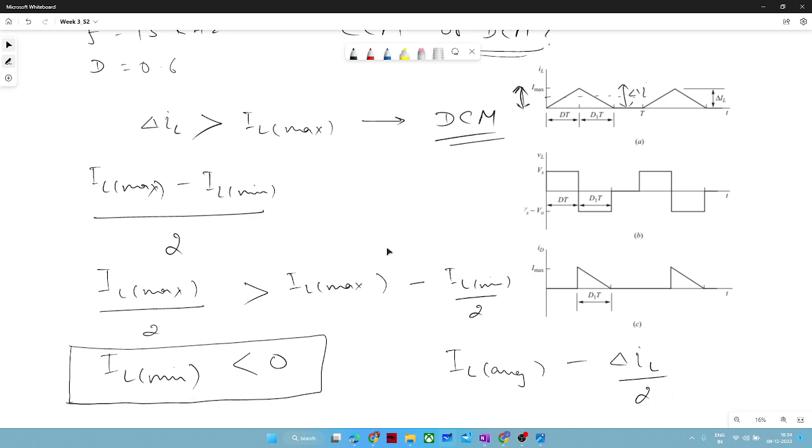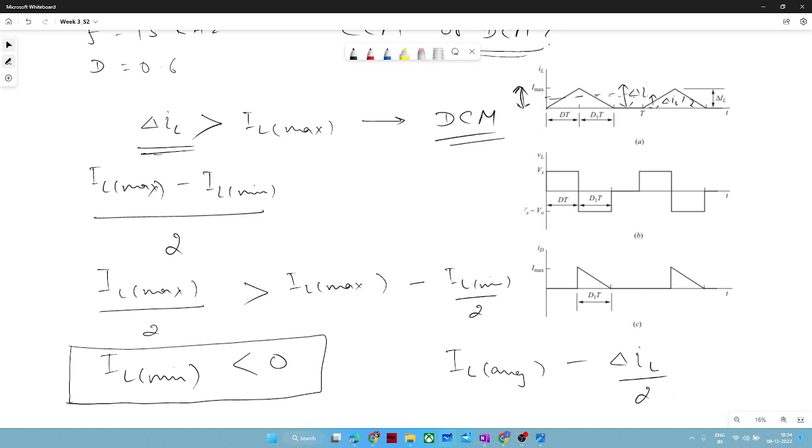If your IL average is this much and this portion is del IL by 2, and you find that the minimum value of inductor current is less than 0, it means your ripple is higher than whatever your IL max.